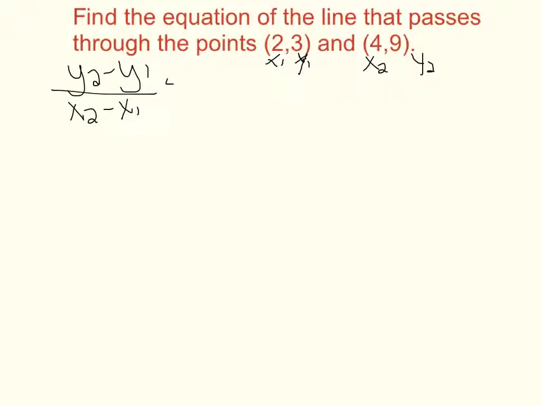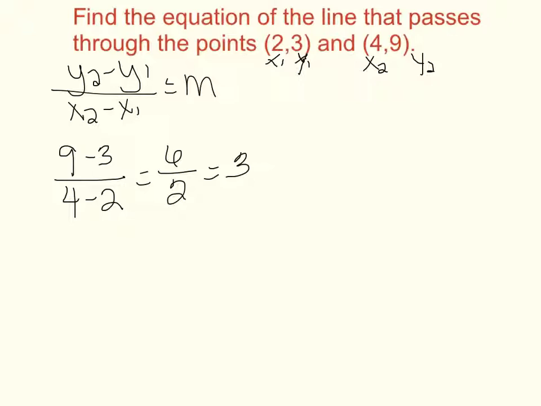This is helping us to determine what my m is, what my slope is. Okay, so we got 9 minus 3, y2 minus y1, over 4 minus 2, x2 minus x1, equals 9 minus 3 is 6, 4 minus 2 is 2, and that simplifies to 3. So my m equals 3.